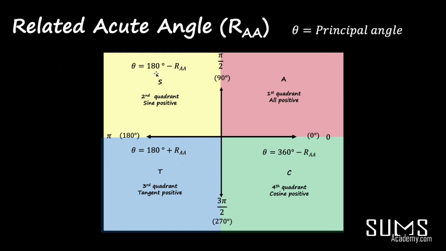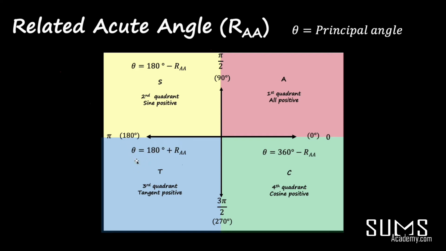So if I say to you, what's the relative acute angle for 200 degrees, maybe? You'd have to go, okay, 200 degrees, that'll be in this one here. Well, 200 would be down here, wouldn't it? 200 and 180, so the relative acute angle would be 20 degrees, right?